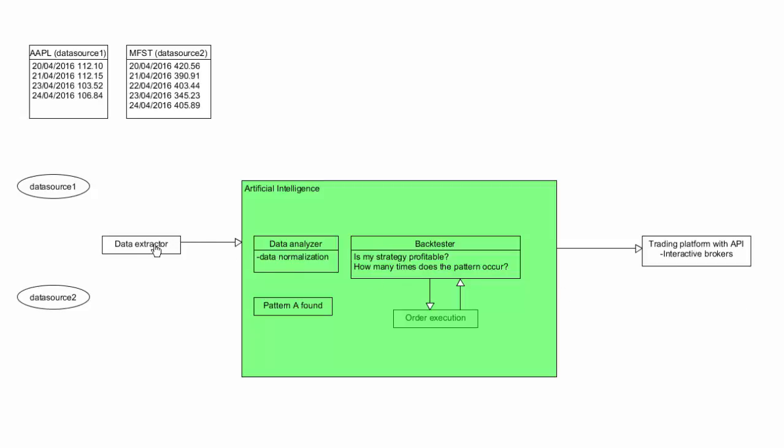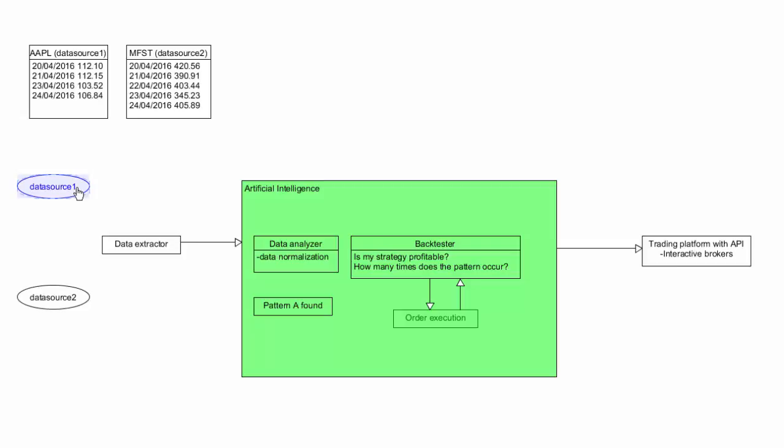So the first component is the data extractor. With the data extractor, you will try to extract data from sources, for example on the internet, to perform some analysis.